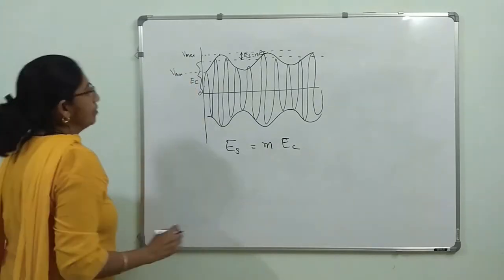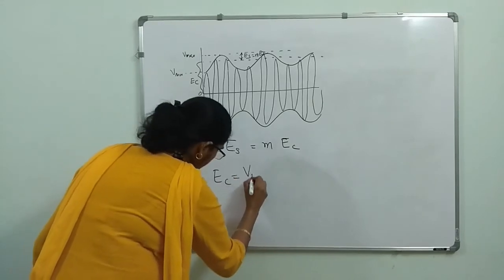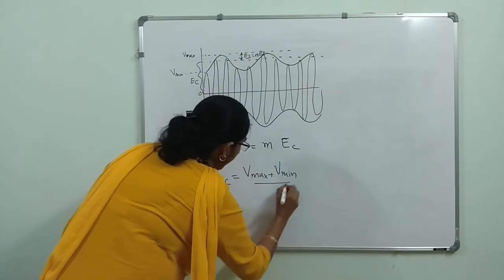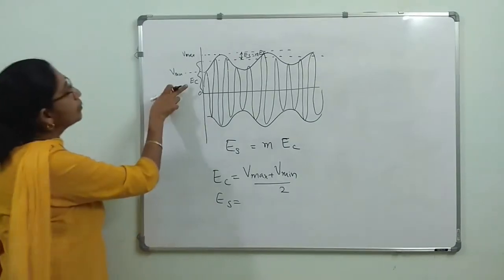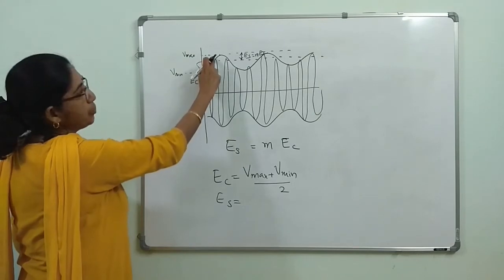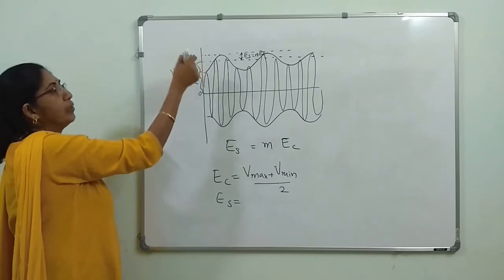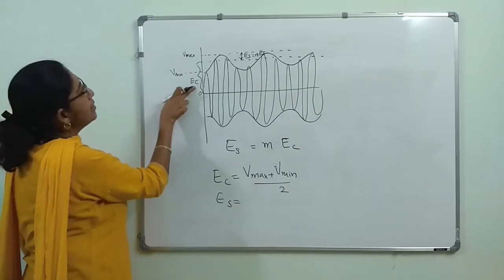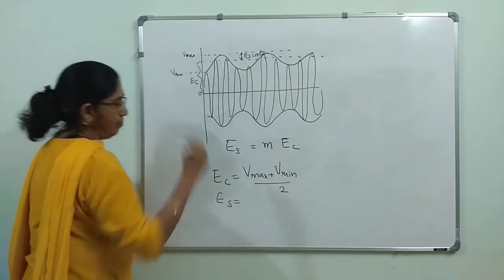So from this we can write EC is equal to (V max plus V minimum) divided by 2, and ES is equal to (V max minus V minimum) by 2. V max minus V minimum, that divided by 2, that is your ES. And EC is (V max plus V minimum) divided by 2, so you will get the position here.